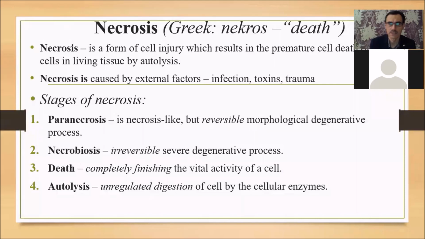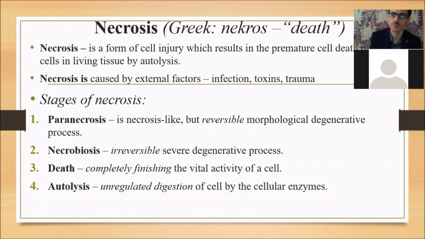First, paranecrosis. This is necrosis-like, but it is a reversible process. Degeneration. If you remember, we discussed dystrophies, degenerations, the parenchymatous or intracellular, the mesenchymal or extracellular, mixed degenerations, or necrobiosis.